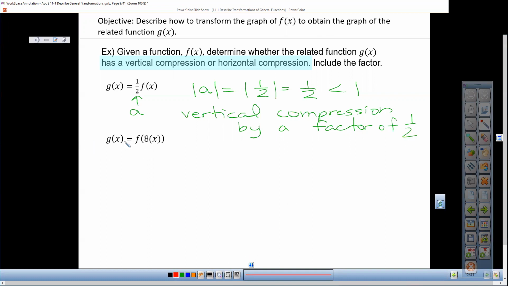With the second example, we're looking at our parameter being 8. Notice its position inside the parentheses. Here's where you've got to be careful. This is where the practice of working on your assignments helps, because you have to realize, because it's inside, we're not going to use 8.